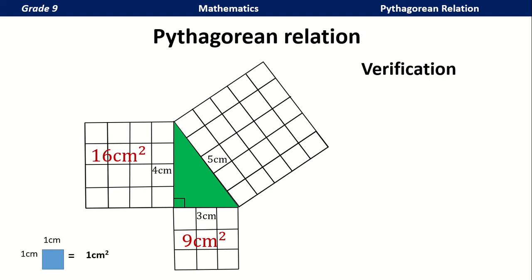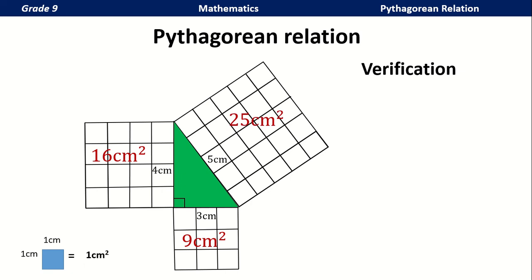And also the area of the square on the 4 centimeter side will be 16 square centimeters since there are 16 squares with 1 square centimeter area, right? Okay. The square drawn on the hypotenuse will be 25 square centimeters.